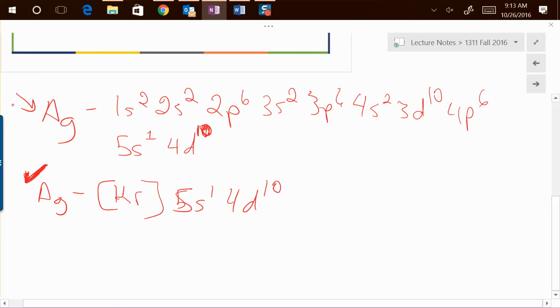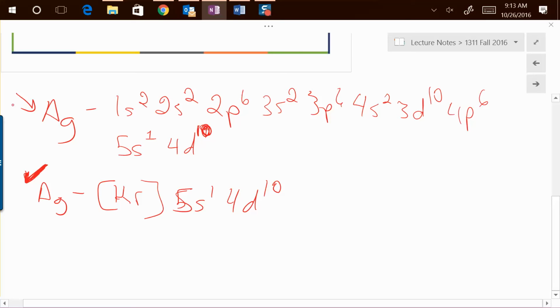If I say write the whole thing, then do that. Otherwise, you can assume you can abbreviate it. So the 5s is from the s bracket before those, not the 4s? Not the 4s. It's the s bracket before. Because that's the valence shell. That's the outside shell. The 4s, they're safe. They're inside. They're okay in there.